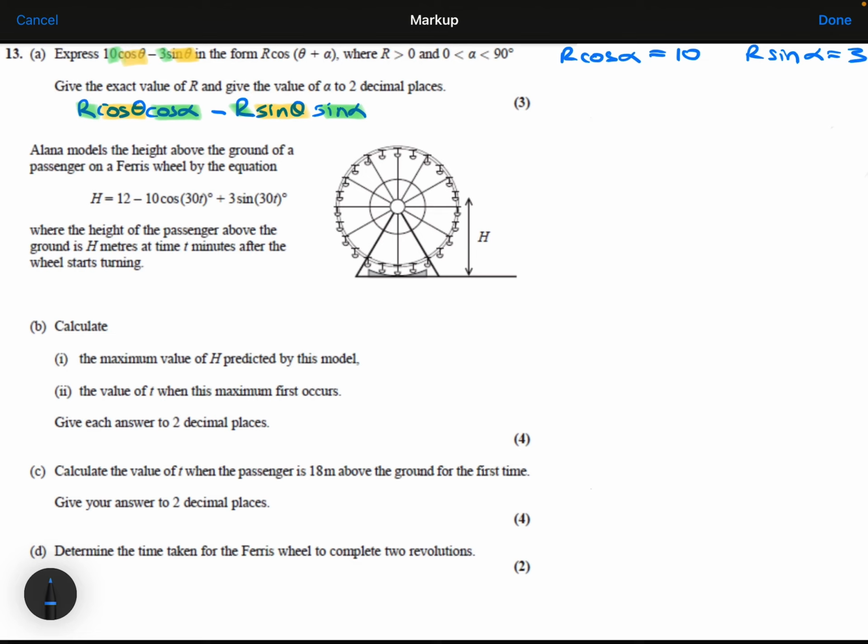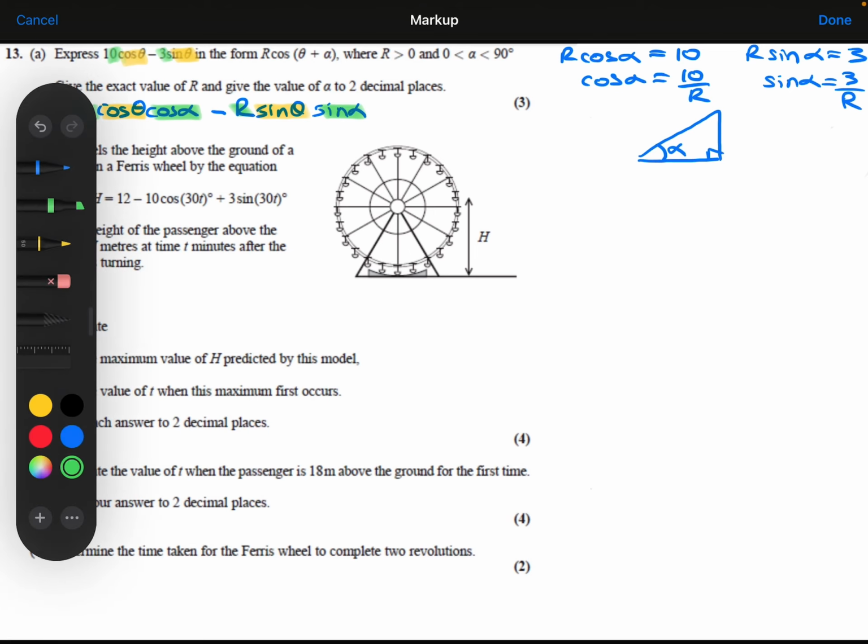Right, now in order to work out r and alpha, I think it's useful to write these as a ratio. So dividing both sides by r, so that I can see clearly the properties of my right angle triangle that I'm going to draw. So just a little sketch of a right angle triangle where I'm going to call this alpha.